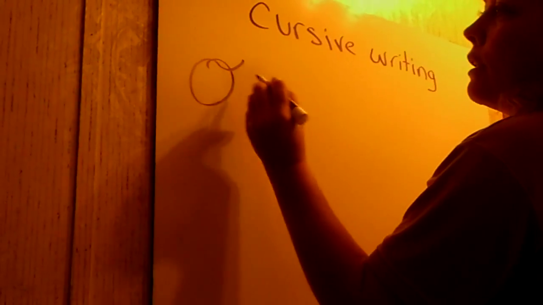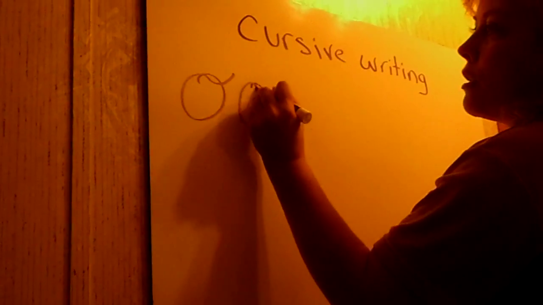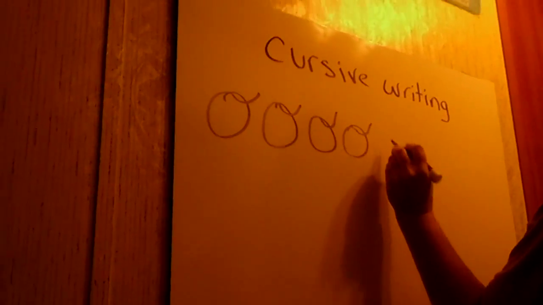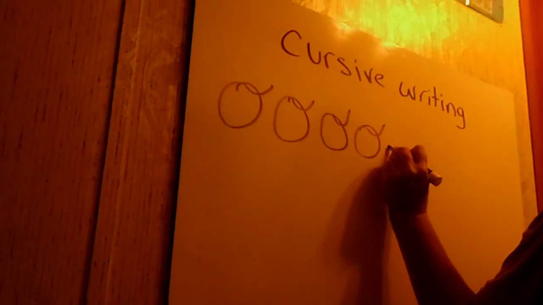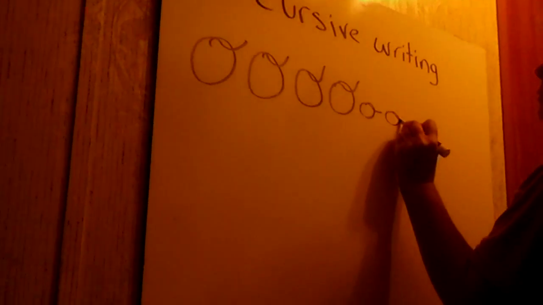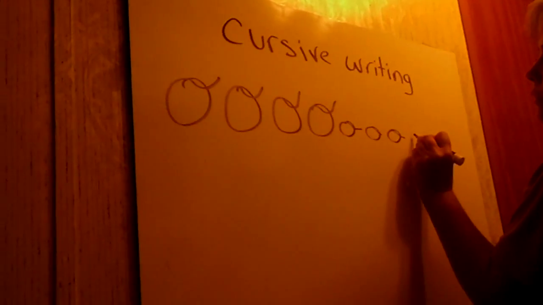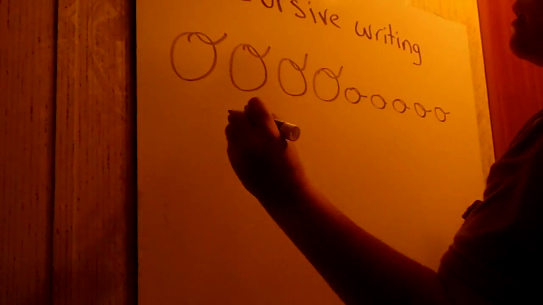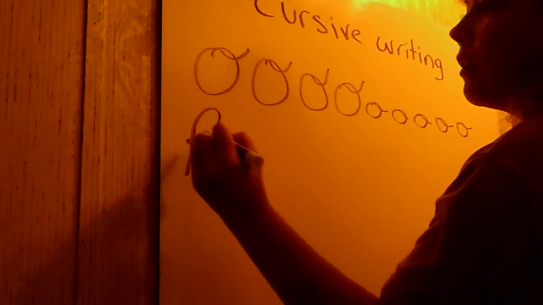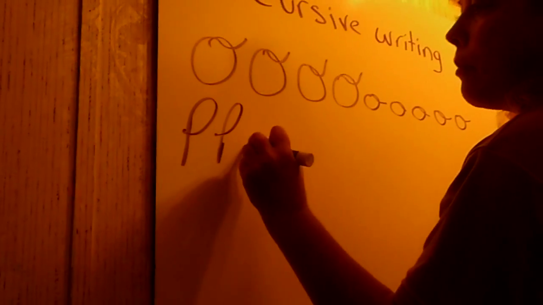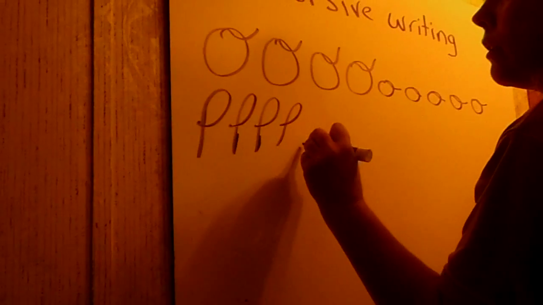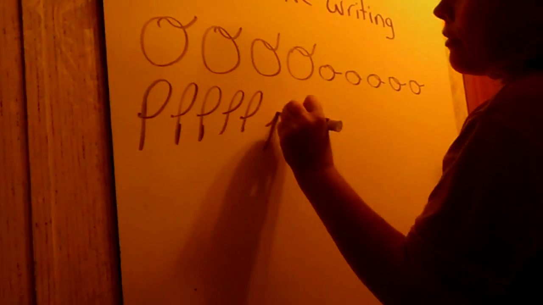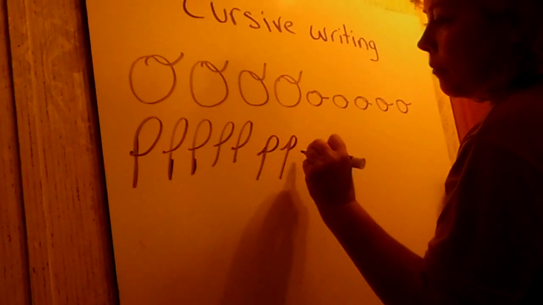O, make sure you have a loop on top, is your capital O. Lowercase o, same thing, but let it be a smaller O with your little loop on the top. P is the same capital P. And lowercase p, you're going to have a loop on the bottom.